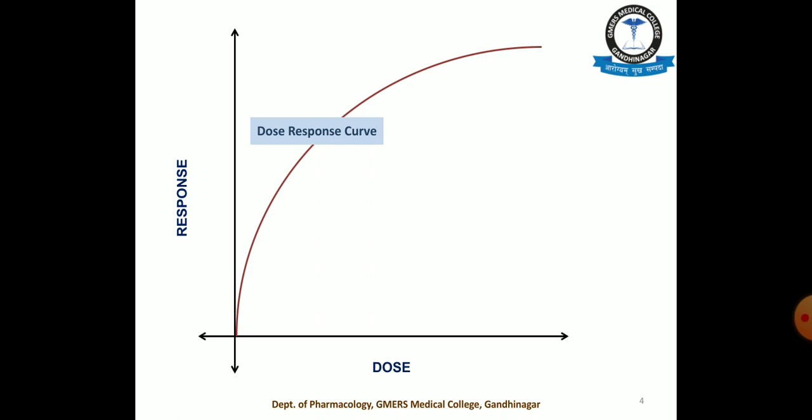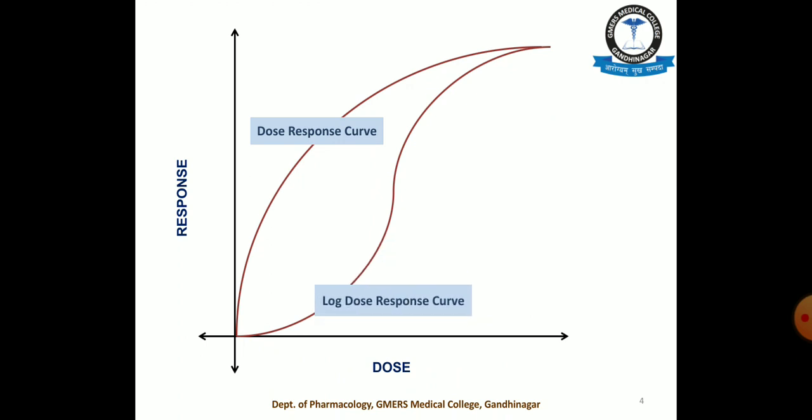And when you convert this dose into log dose, the shape changes. It achieves a sigmoid or S-shaped curve. Now what does it denote?